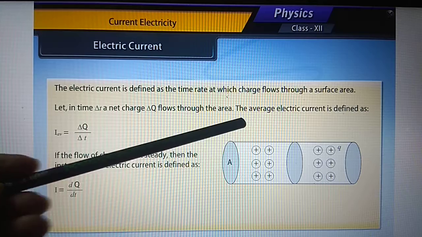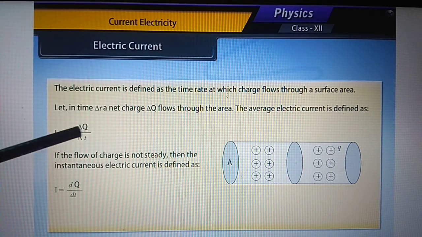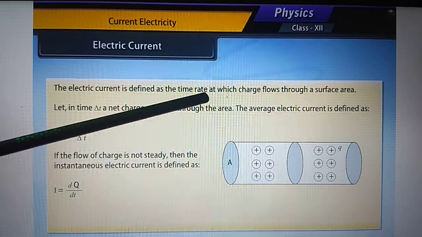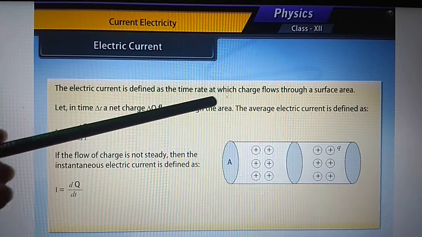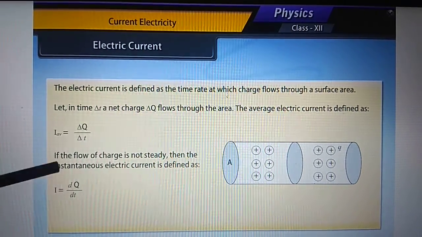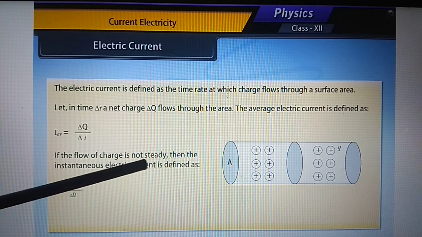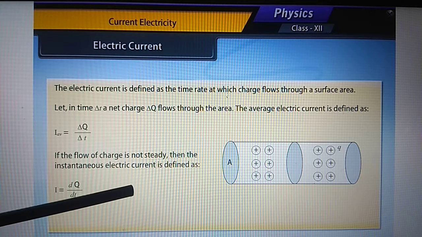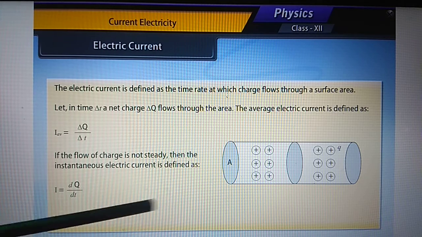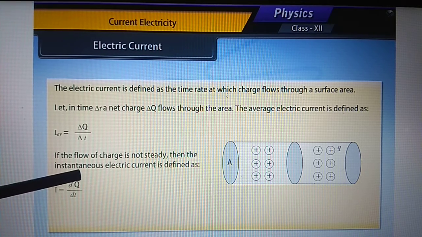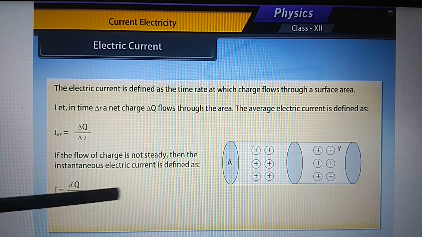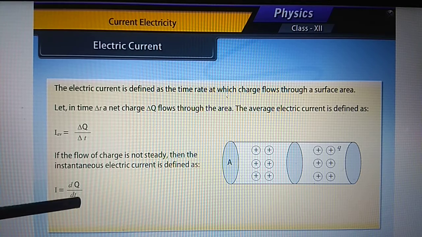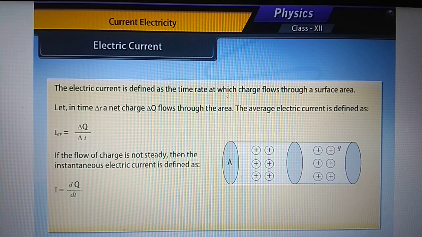The average electric current is defined as I equal to dq upon dt because it is a rate at which the charge flows. If the flow is not steady, somewhere it is more, sometimes it is less, then the instantaneous, meaning at a particular instant you want to find the electric current, then we take I equal to dq upon dt.